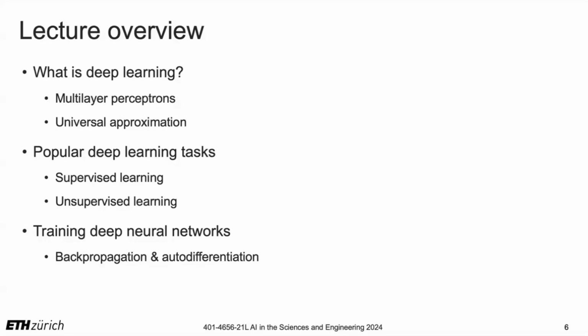I'm also going to talk about the universal approximation of deep neural networks. Then I'll talk about the popular tasks that we use deep learning for, so things like supervised learning, unsupervised learning. These are classic machine learning tasks that we want to solve. And then last, I'll talk about how we train deep neural networks, and in particular, gradient descent and backpropagation.